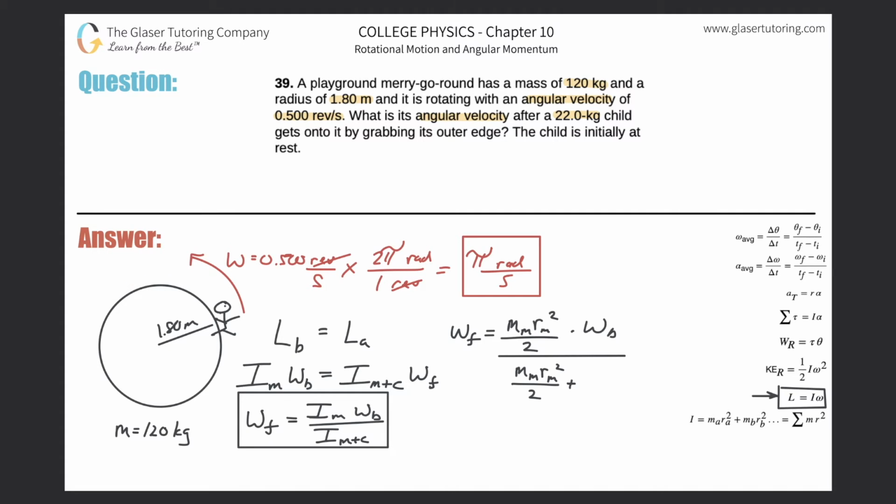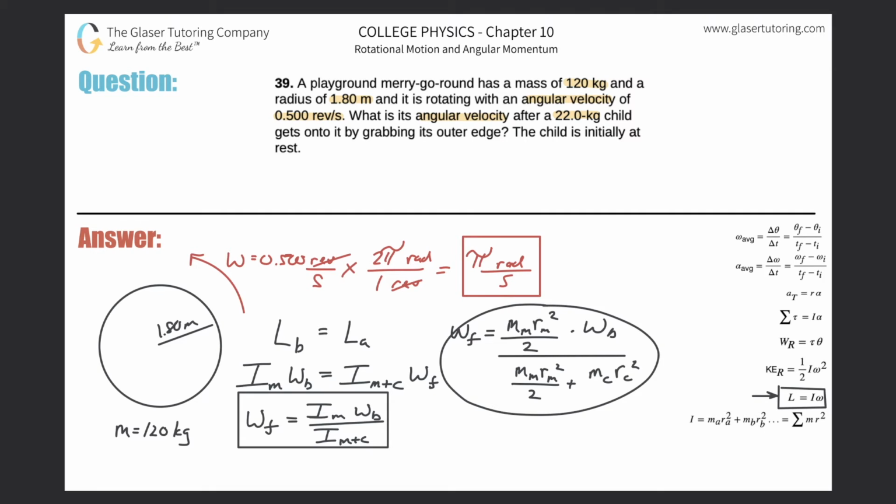So what shape best approximates that? It sounds like it would be the hoop, the hoop with the center axis. That one is simply mr squared. So this one will be the mass of the child multiplied by the radius where the child's located, squared. And that's it.